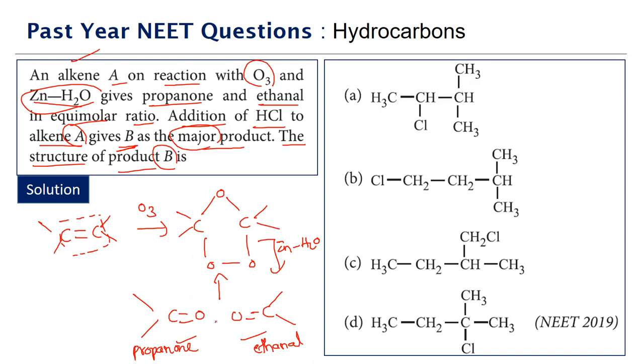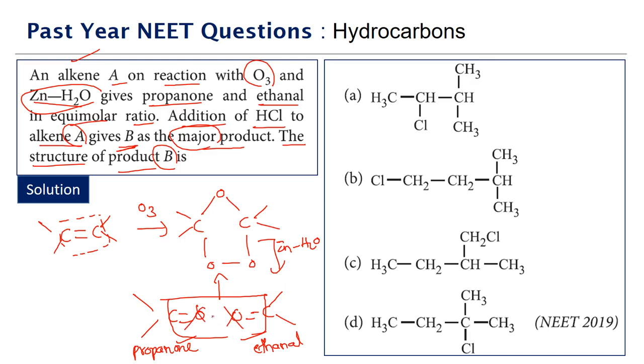The method to find out the original alkene is, and this is a standard approach, we first have to arrange both the carbonyl compounds in such a way that the carbonyl carbons along with oxygen are facing each other. Then we simply have to remove both these oxygens and form a double bond between these two carbons.